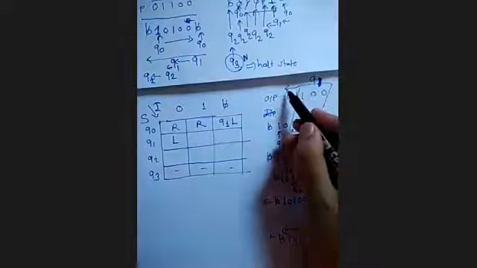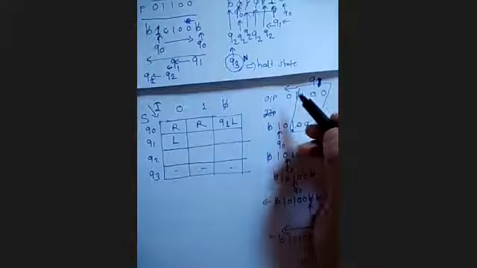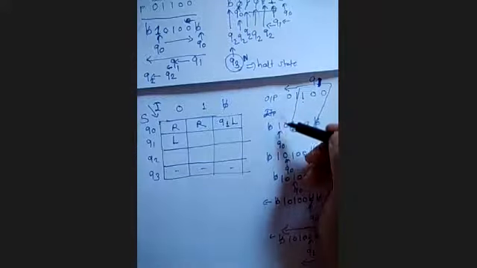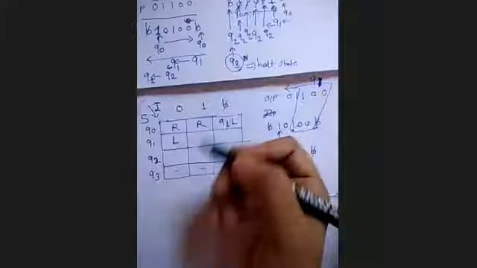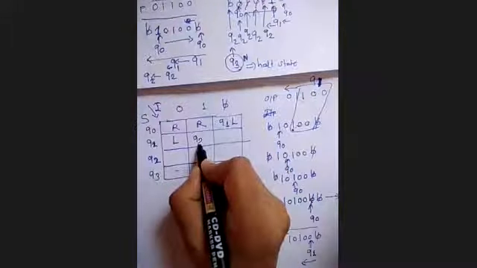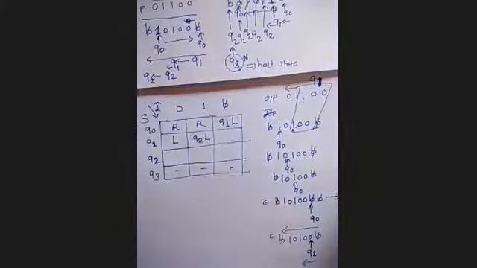After that, 1 is replaced by 0, 0 is replaced by 1, so we need to change the state. So in Q1, if you get 1, keep it as it is, but now we'll change state and move to the left. Is that clear?